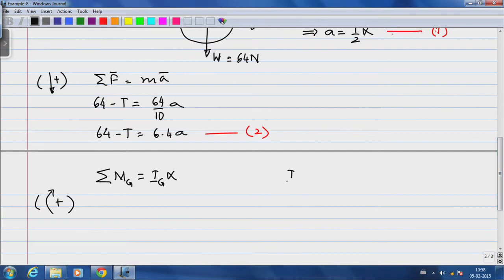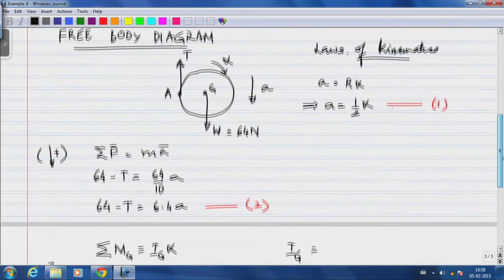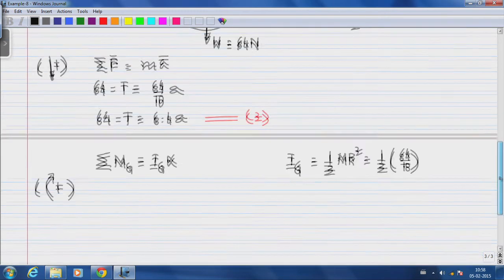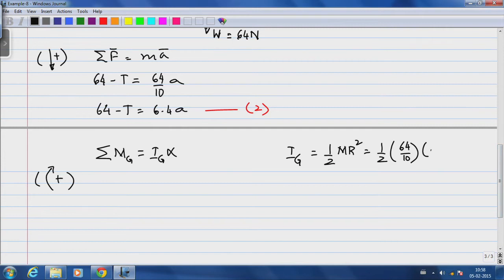Now, I do need to compute this Ig. This is a regular body, it is a cylinder. There is a known formula that the moment of inertia of a cylinder about its mass center is half times m r squared. So, that is half times 64 divided by 10, the mass of the cylinder, times the radius, half a meter, squared.